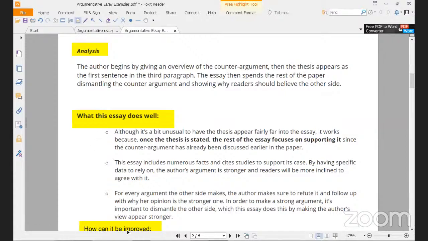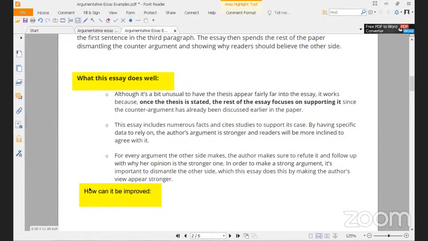Okay. And how can it be improved? Maybe for me, I didn't understand so clearly the part where they talk about some plants that could be used, but then in the next paragraph they don't talk much about these plants.